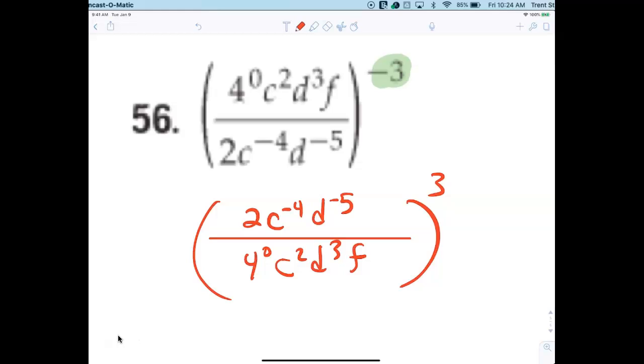So you understand that flipped, right? You okay or not? I don't even see a pencil in your hand. I'm not sure what you're doing. That's what I'm talking about.